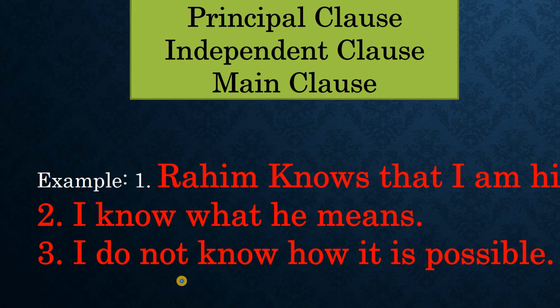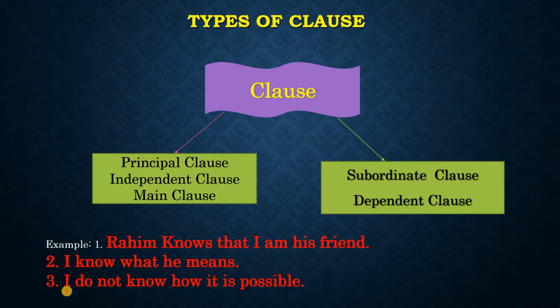Dear students, I do not know, this is the main clause. How it is possible? This is the subordinate clause, because the meaning of this sentence is not clear to us. So it fully depends on this sentence.